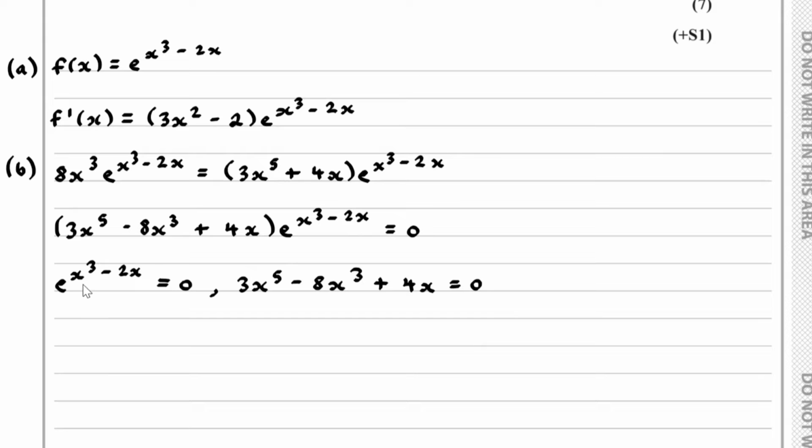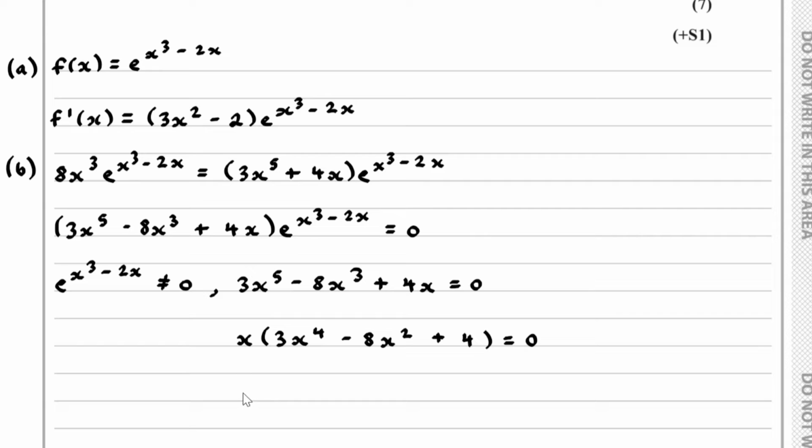Now here, e to the x cubed minus 2x cannot equal 0, so we are only left with 3x to the 5 minus 8x cubed plus 4x equaling 0. So if I factorize out an x, we have x multiplied by 3x to the 4 minus 8x squared plus 4 equals 0.